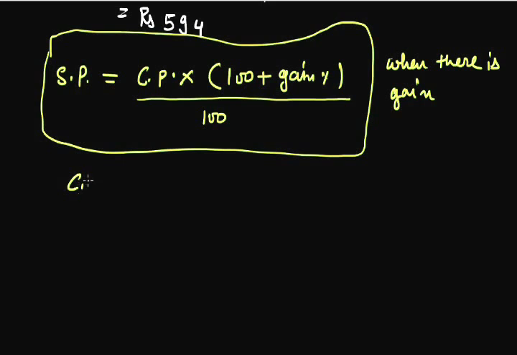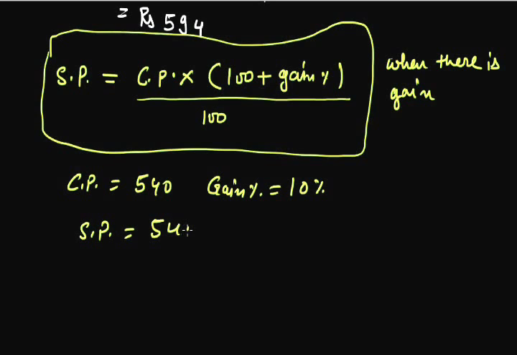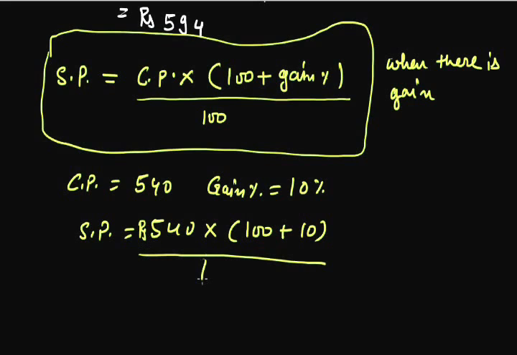Now we know that the cost price was rupees 540 and gain percent was given as 10%. Using this formula, selling price will be equal to cost price, that is 540, into 100 plus gain percent, that is 10%, whole upon 100.